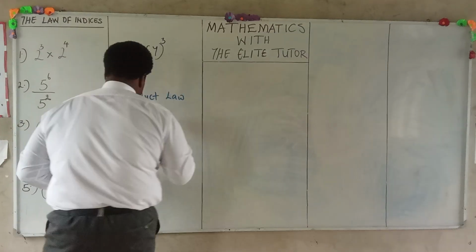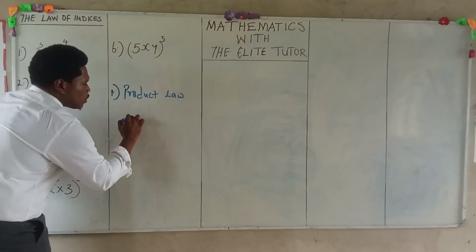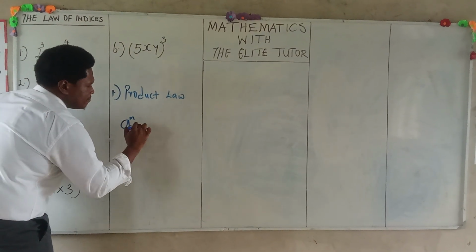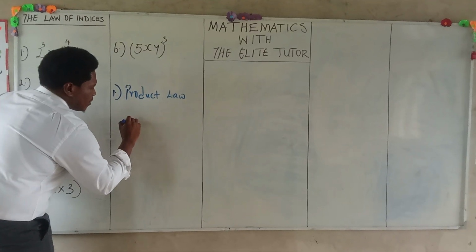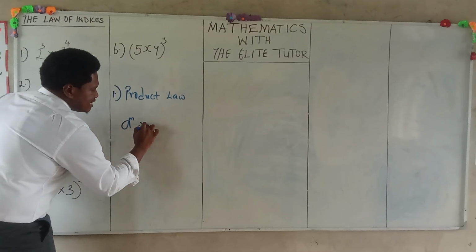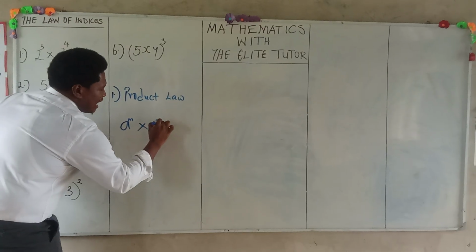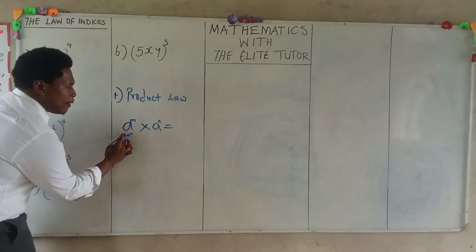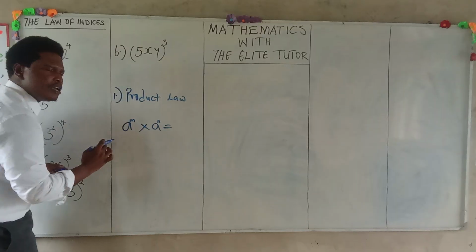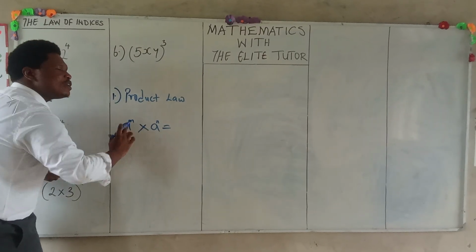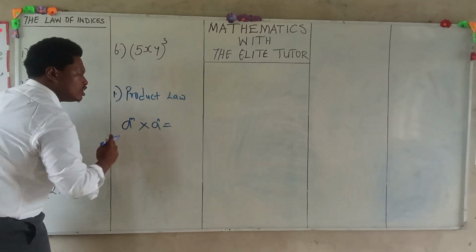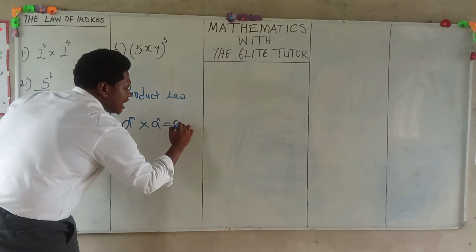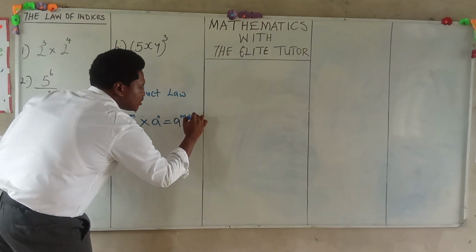Now, what do we mean? When we have a raised to power m times a raised to power n, because the bases are the same, we go ahead to add their powers. So our final answer will be a raised to power m plus n.